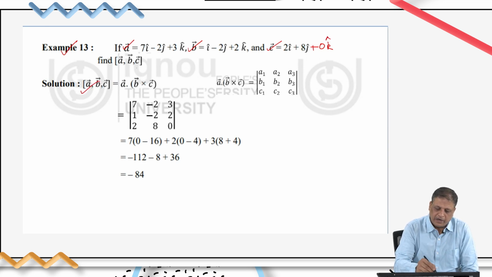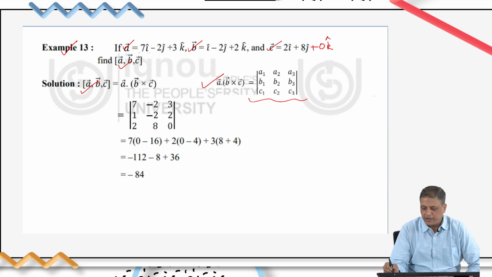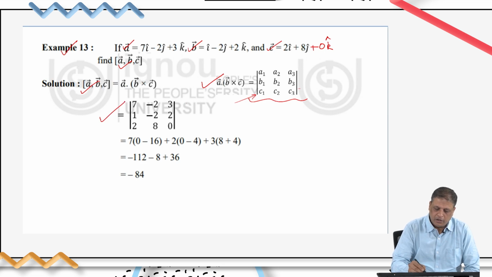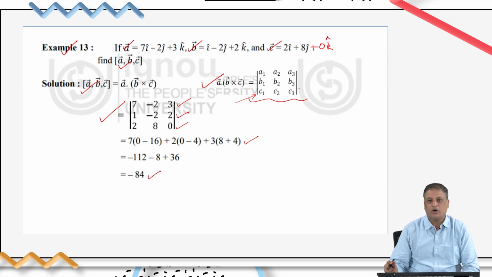We need to calculate A dot B cross C, which is represented by the determinant of the independent components of vectors A, B and C. Substituting the coefficients of the respective unit vectors, A1, A2, A3, B1, B2, B3, C1, C2, C3, into the determinant, you will get this determinant: 7, minus 2, 3; 1, minus 2, 2; and 2, 8, 0. Solving the determinant, as we learned in our earlier session, you will get the answer minus 84.